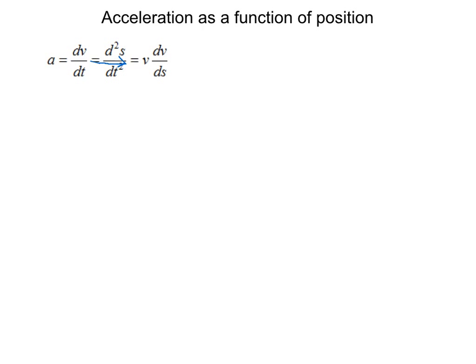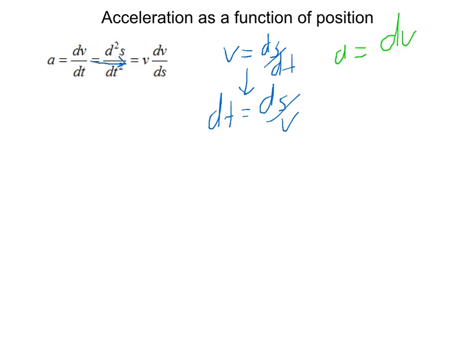So v equals ds/dt. You rearrange that and you end up with dt equals ds over v. And then a equals dv/dt.